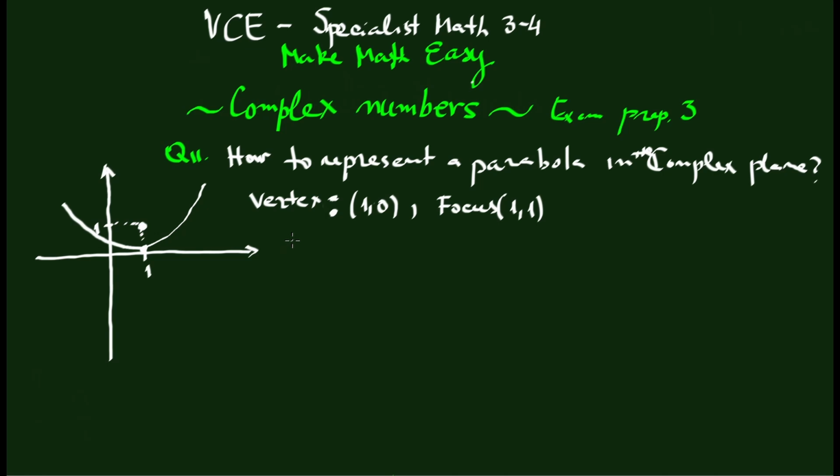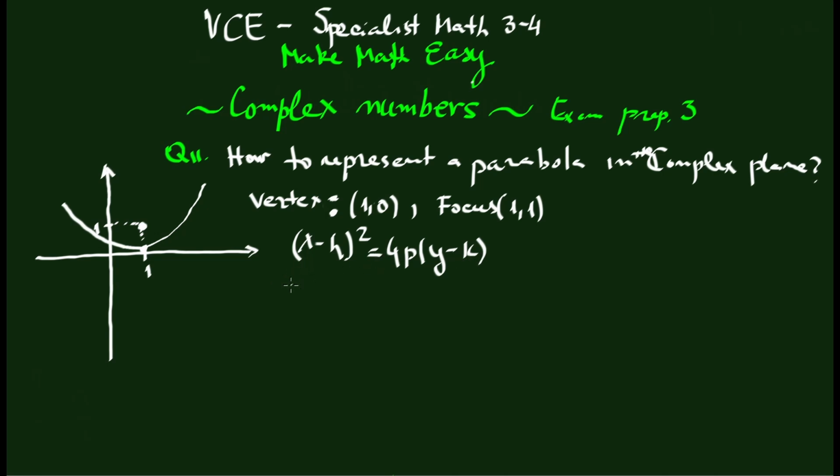The common equation of a parabola will be x minus h, squared, equals 4 times p times y minus k.